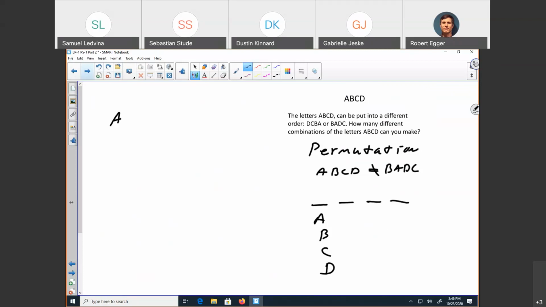A, B, C, D. All right, so I picked my letter A. In this case, for the first one, I chose A, so that means A is no longer on the table. So for my second choice, I have B, C, and D for an option.